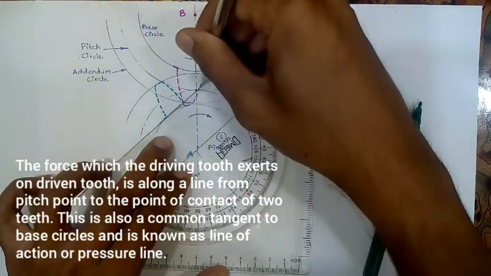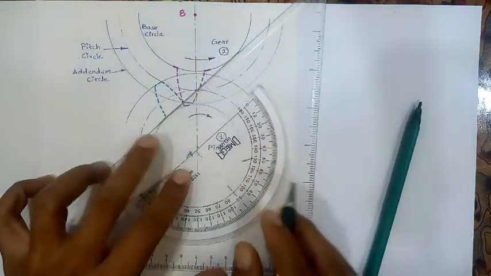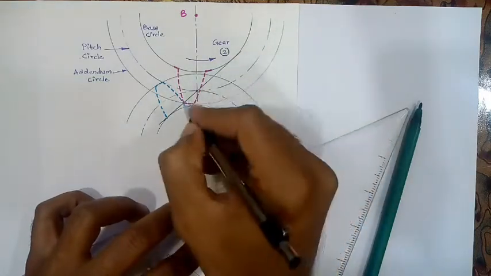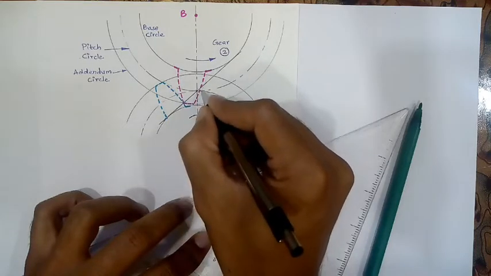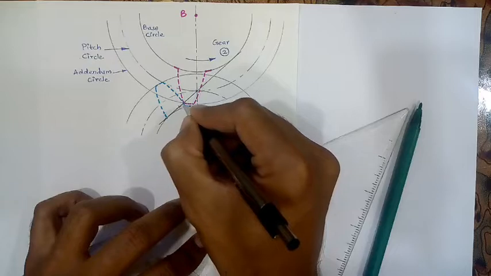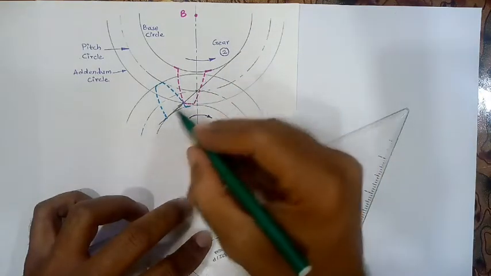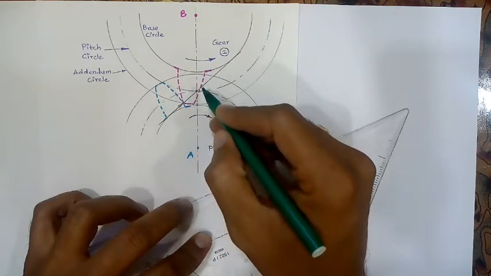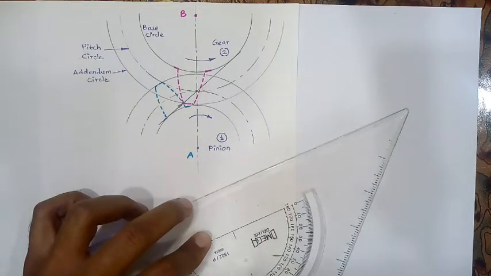You can see the line is tangent to both the base circles, the base circle of the pinion and the base circle of the gear, and the force that the driving tooth exerts on the driven tooth is along this common tangent to the base circles. So this line along which the force is transmitted from the driving tooth to the driven tooth is called the pressure line or the line of action.